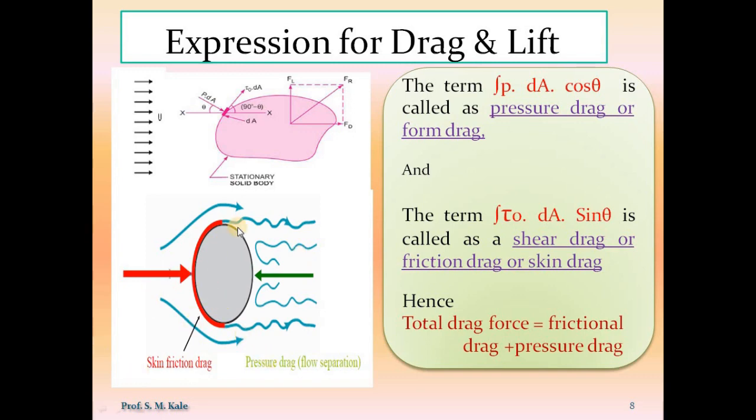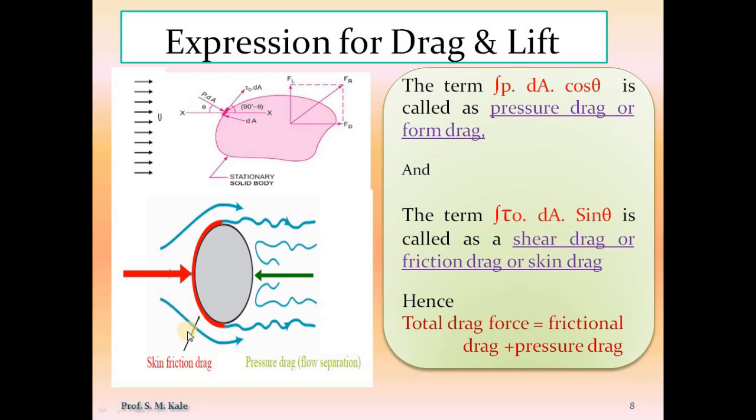And on this side there will be separation of the fluid from the boundary, and because of that separation of fluid, the drag force acting here is called pressure drag or form drag. So the green line is the pressure drag. That pressure drag is always generated because of the flow separation.